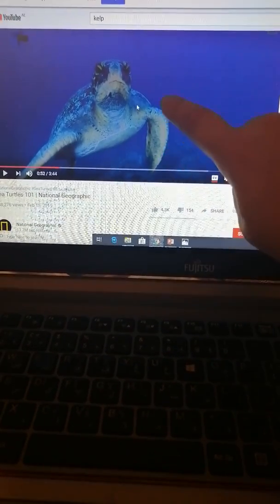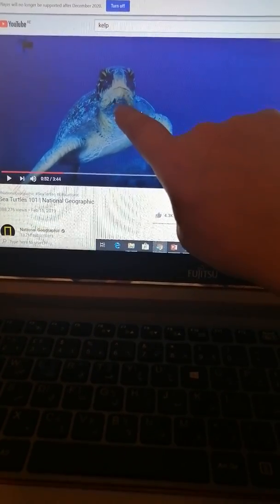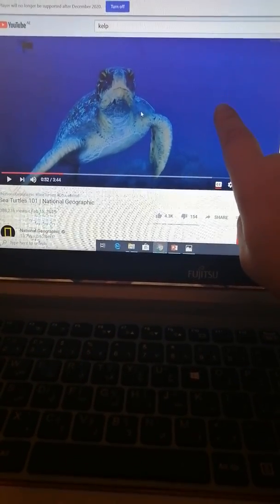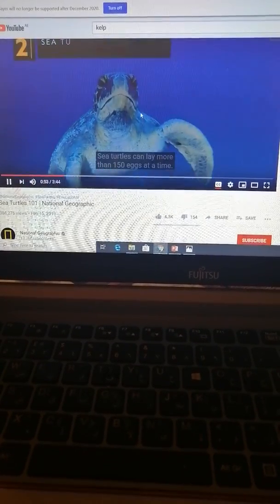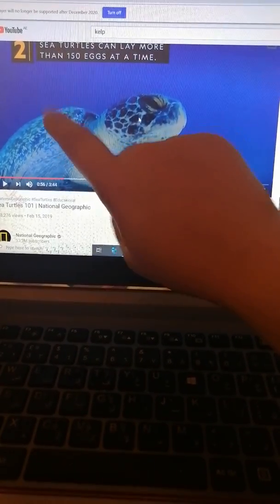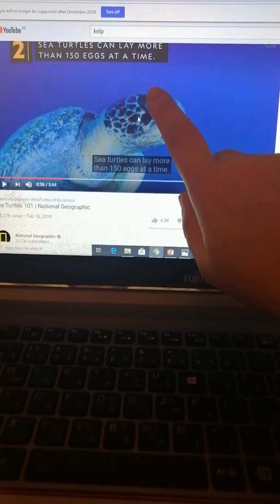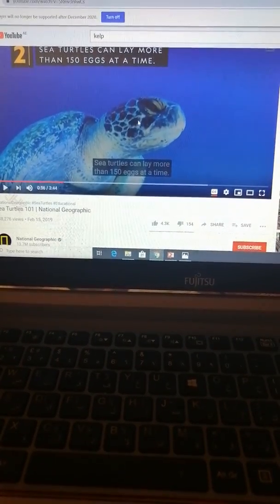I can see here flippers. The flippers help the turtle to swim in the ocean. I can see sea turtles can lay more than 150 eggs. Yes, this hard shell helps protect the turtle from the other animals.